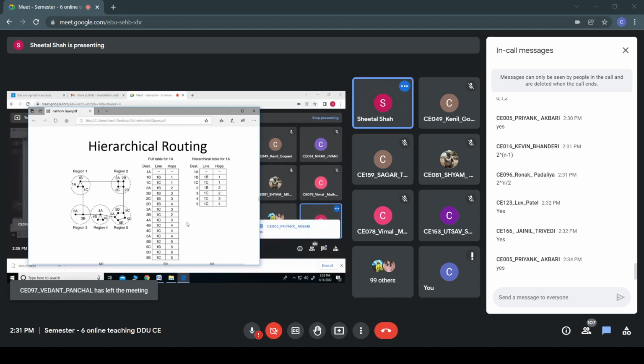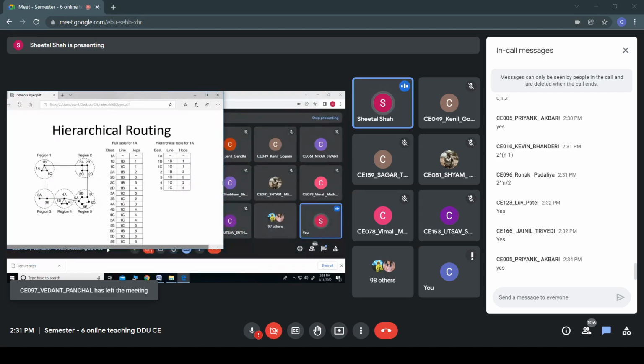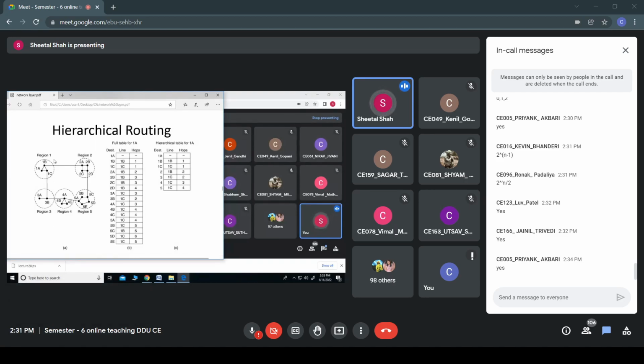Okay. So here, in case of a hierarchical routing algorithm, in this particular example, you can see that the routers can be combined together and form a region. For example, there are 5 different regions, and there are a number of routers in each region. Region 1 contains routers like 1A, 1B, 1C, and so on.